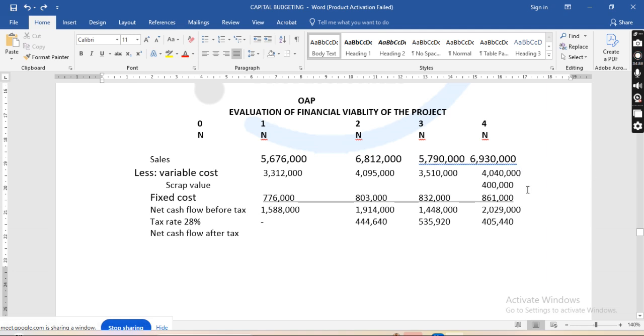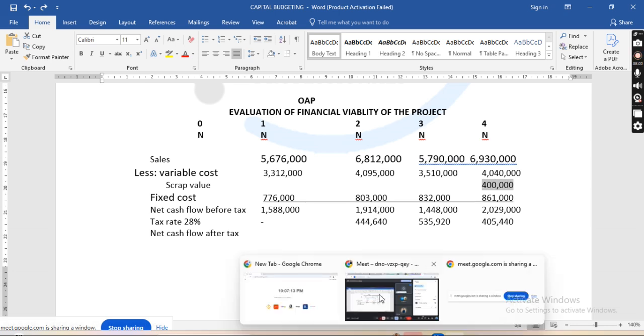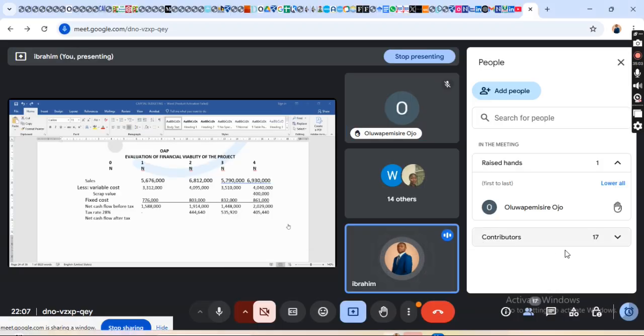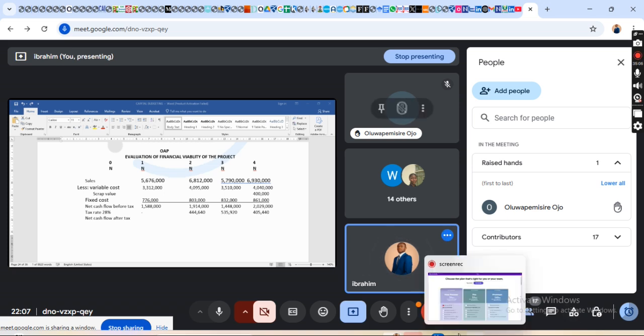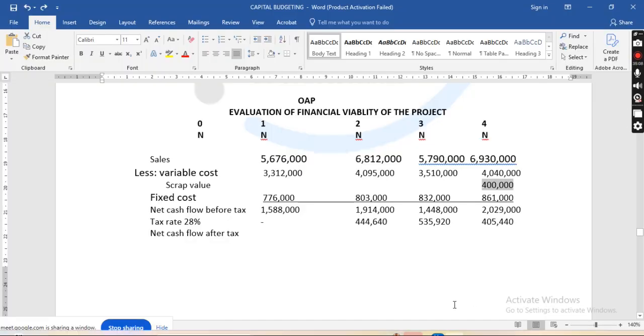So this scrap value will come first, because you have to pay tax on the scrap value, class. Scrap value will not come after tax. That means that you are not paying tax on it. You dispose an asset, right? Once you generate money from the sales proceed, you pay tax on it.